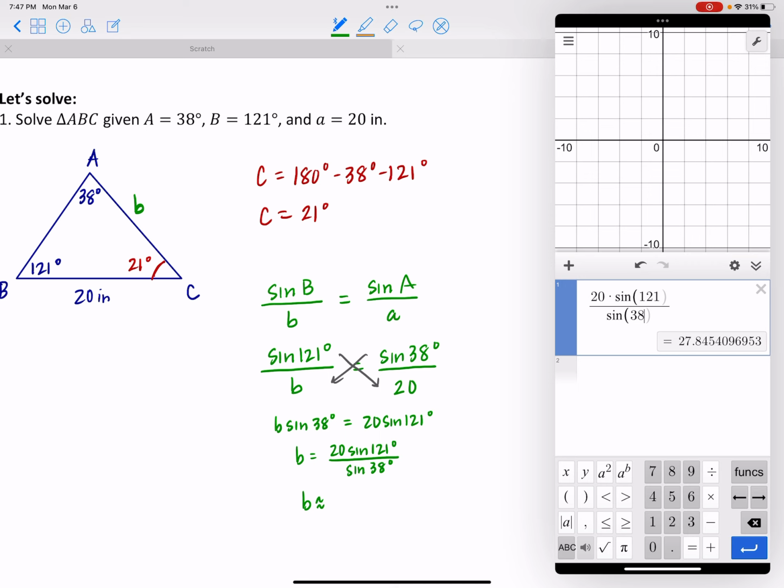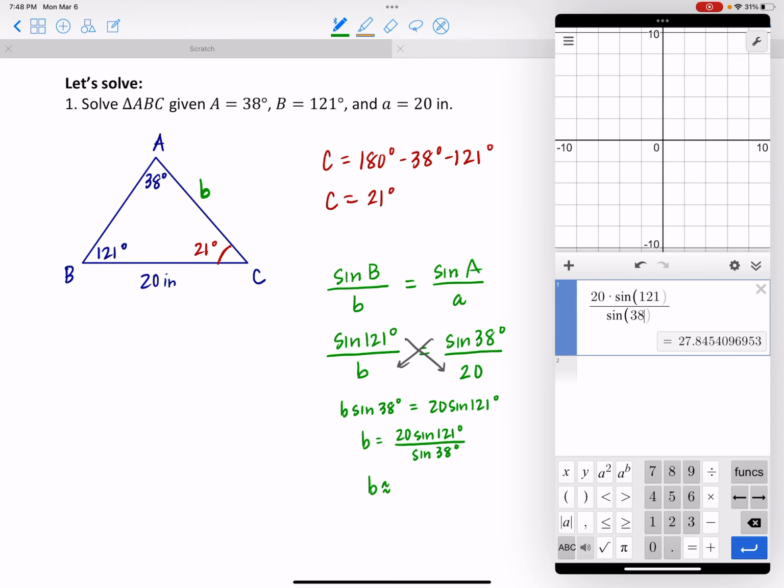This is not what I had in my pre-work. Did I mess something up? 38, 20, 121 goes with... oh yeah, no, I didn't mess anything up here, sorry.